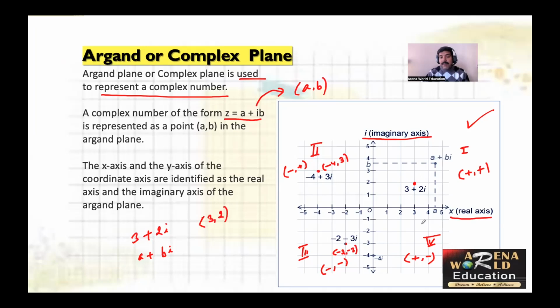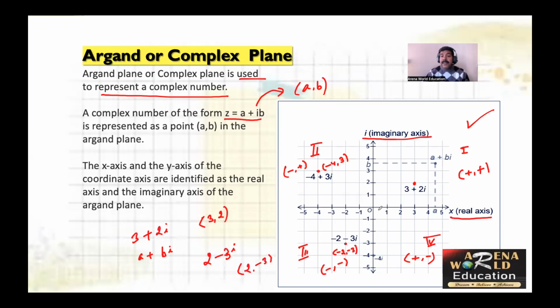If we take an example of the fourth quadrant, in the fourth quadrant x is positive and y is negative, right? x means the real part. So here, suppose we are taking 2 minus 3 iota. It means this will be 2 comma minus 3, right?